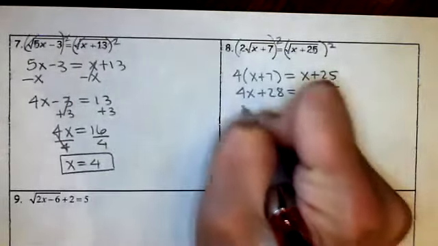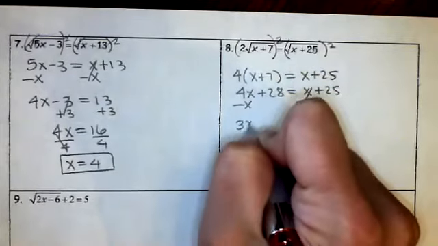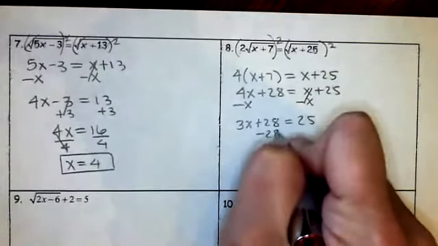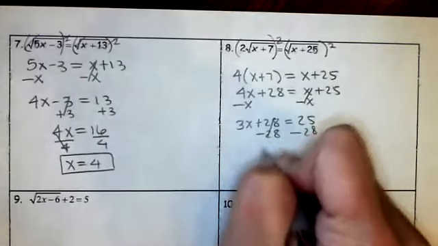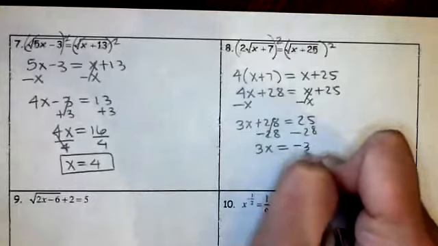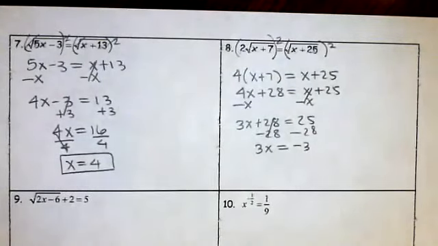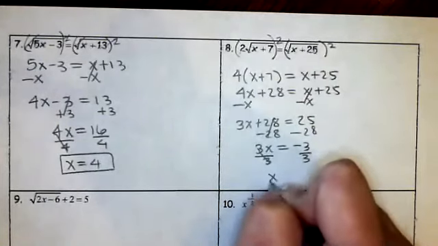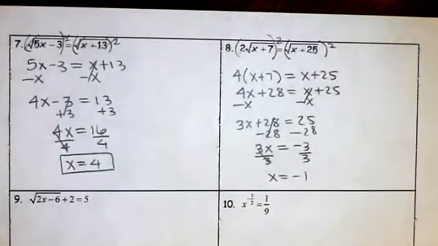So we're going to subtract that x to get it to the other side. We're going to subtract that 28. And then our last step is to divide by 3. This is another one that students mess up when they get to this point, and they're like, oh, it's not a solution because it's negative.